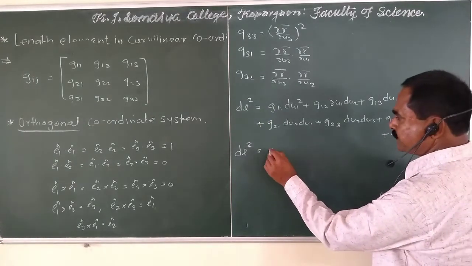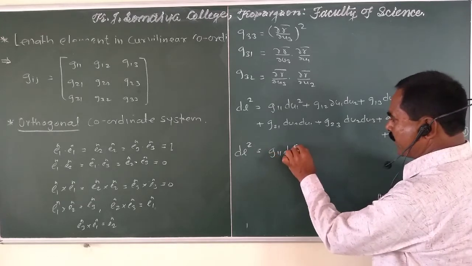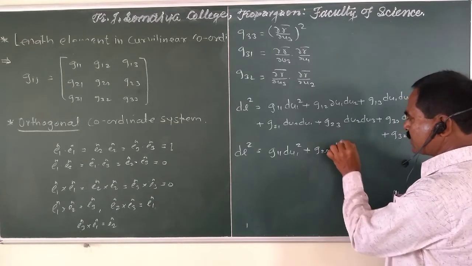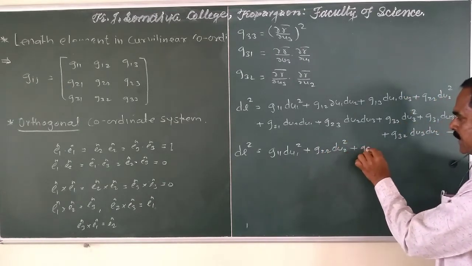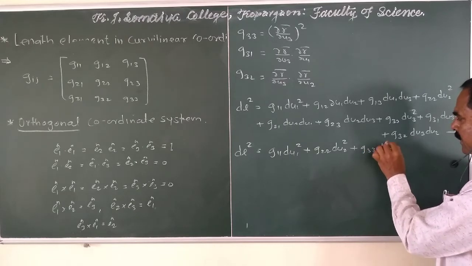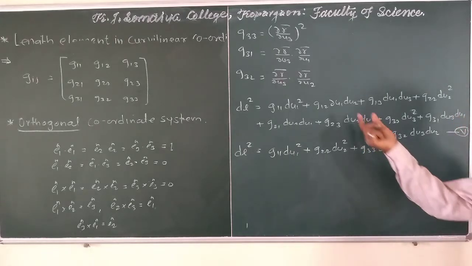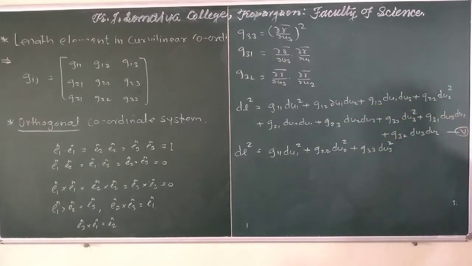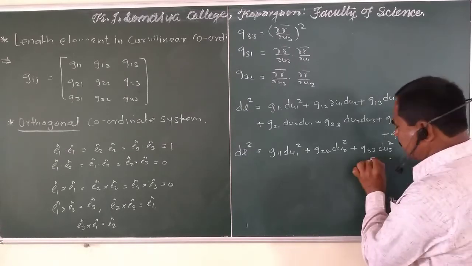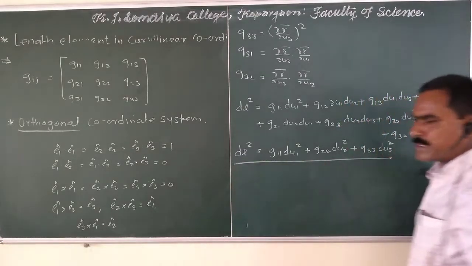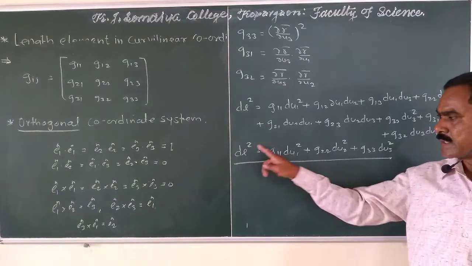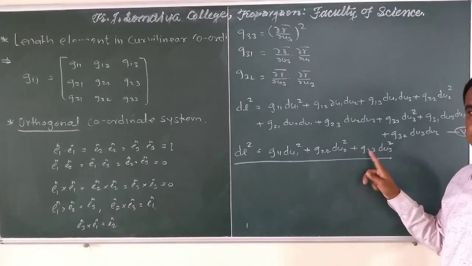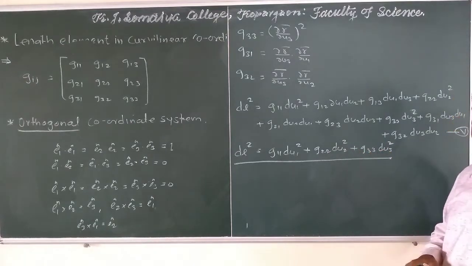Because the cross terms like du1 du2 get cancelled, we get the length element in an orthogonal system as dl square equal to G11 du1 square plus G22 du2 square plus G33 du3 square.